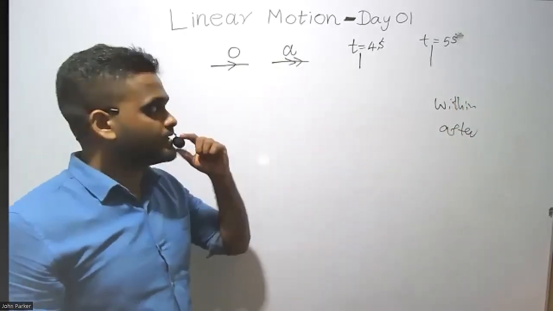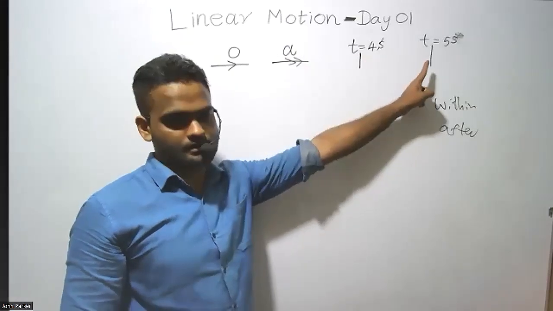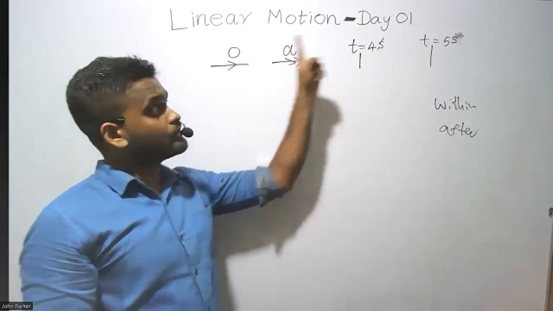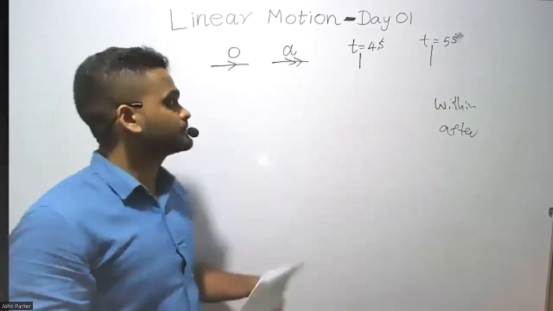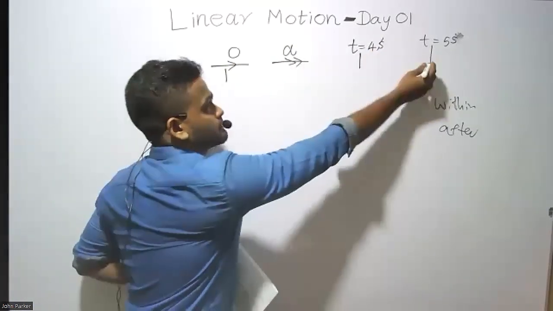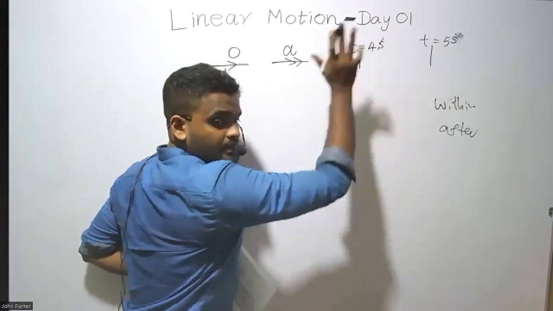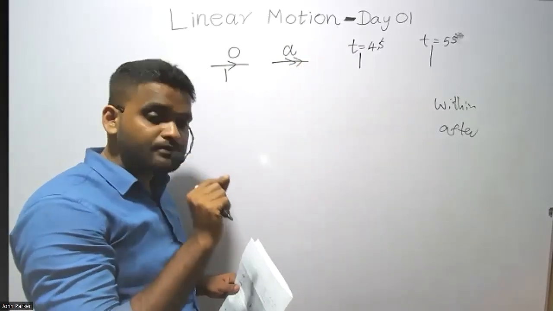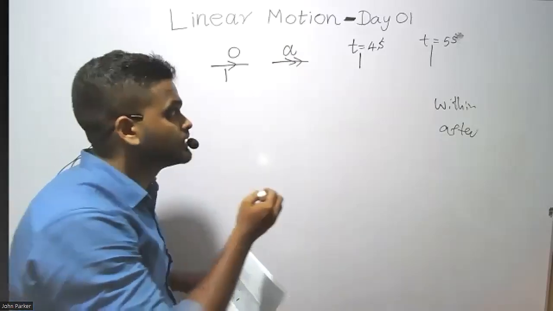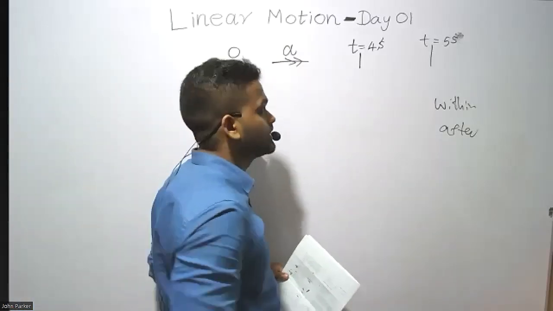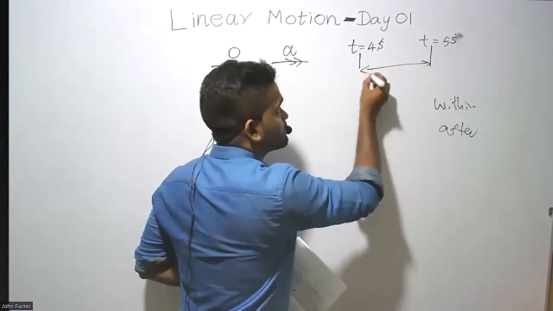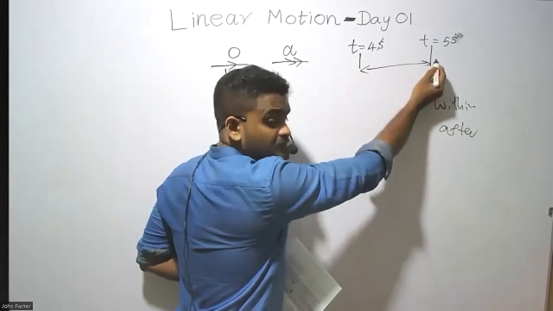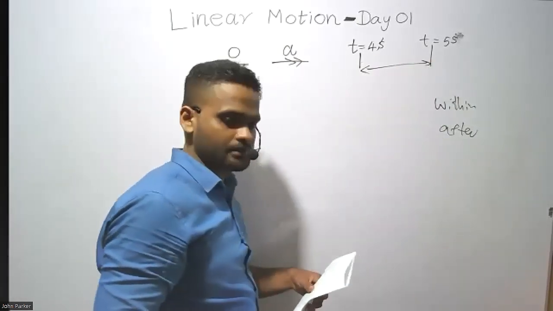So if they say after 5 seconds, after 5 seconds means from initial point to the end point, from here to here, that is after 5 seconds, right? If they say within 5th second, what is the 5th second? It is this one, right? From this moment to this moment, from the 4th second moment to the 5th second moment, right?